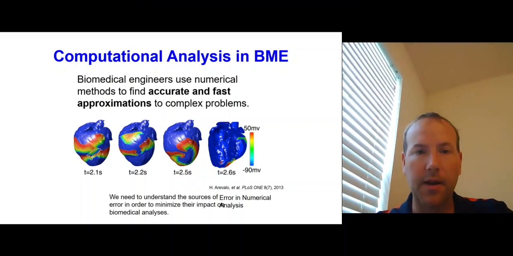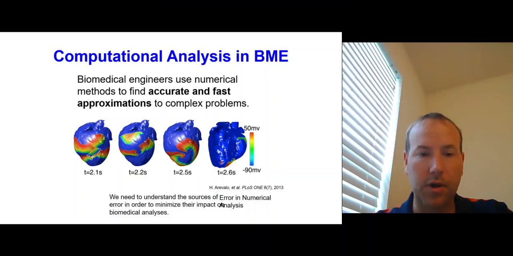But first, I just want to remind you that computational analysis gets used very widely within biomedical engineering. Every day, biomedical engineers use numerical methods using computers to find accurate and fast approximations to complex problems. This is an example where a 3D heart is being simulated, and there's a heart attack that occurred right within this zone.